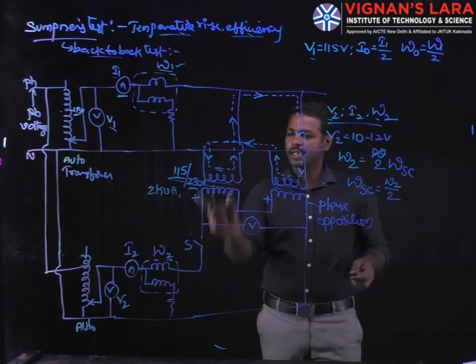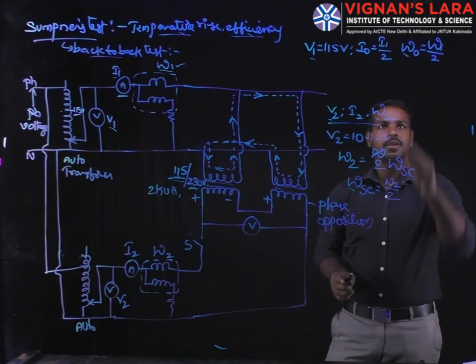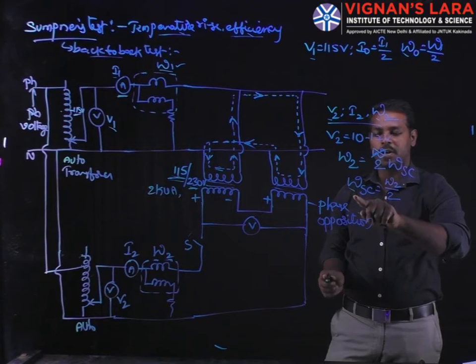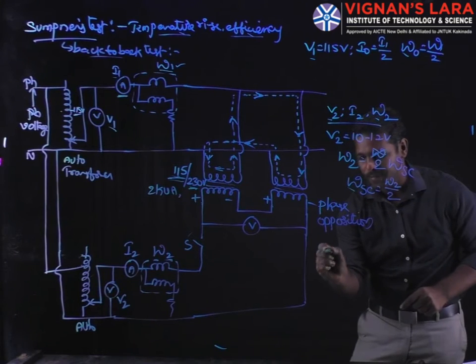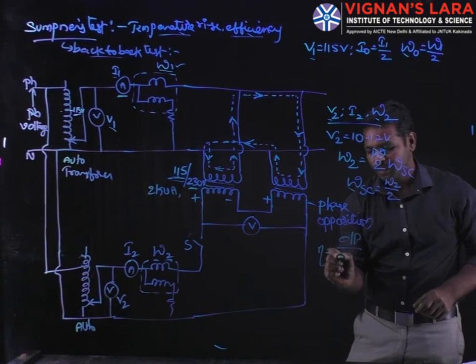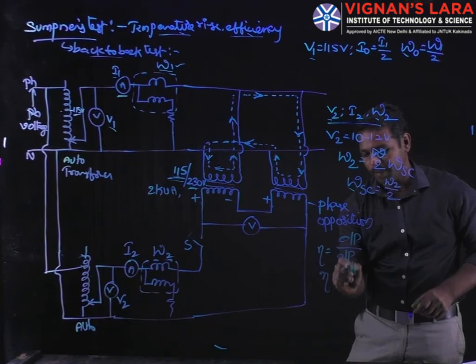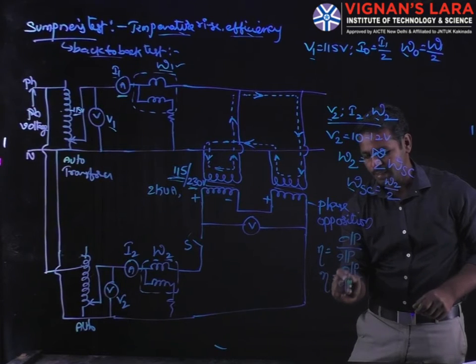By conducting the Sumpner test, we get W0 and WSC. These are the iron losses and full load copper losses. If you have to find out the efficiency of a transformer, it is equal to output divided by input. So efficiency is equal to output divided by output plus losses.